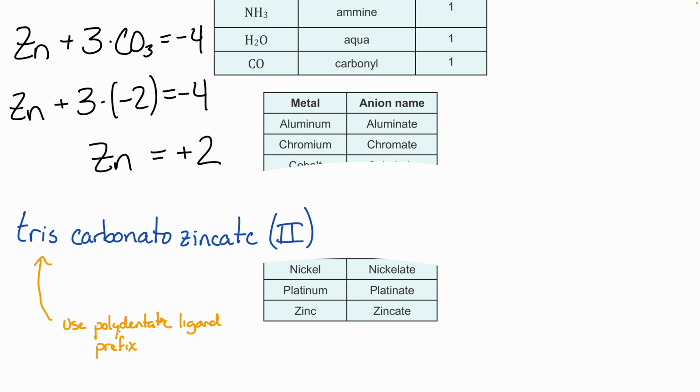All right, there's one more pain in the butt aspect of these polydentate ligands, which is that when you build the name with them, the name of the ligand goes in parentheses. All right, so we have to use parentheses for that polydentate ligand.